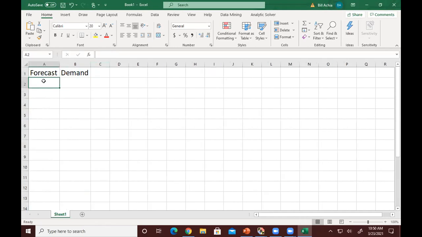And I mentioned that we could have a forecast of 2,000 units, but we end up selling 2,800 units. And in that case, our error here would be the difference between the forecast and the demand. We have an error of 200 units. Because it's only one time period here, the mean absolute deviation here is going to end up being 200.